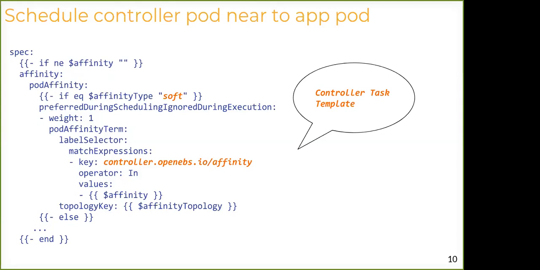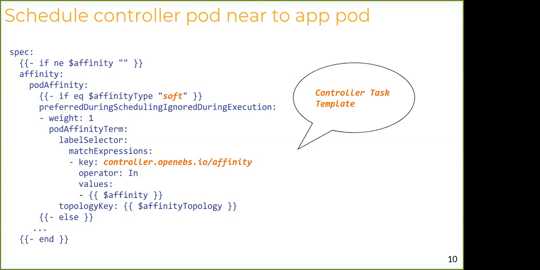What we see here is, if the affinity type is soft, then this particular set of instructions needs to be present in the pod, right? So what are these instructions? This soft indicates that it should be preferred during scheduling and ignored during execution. This is a type of pod affinity.